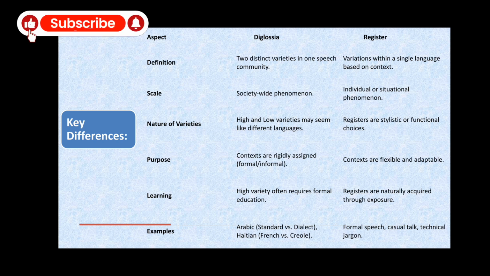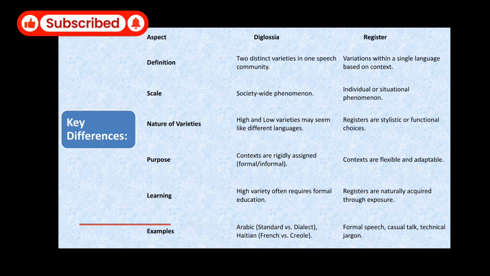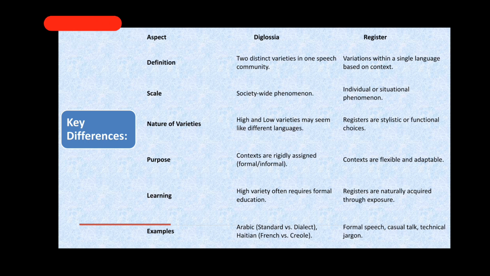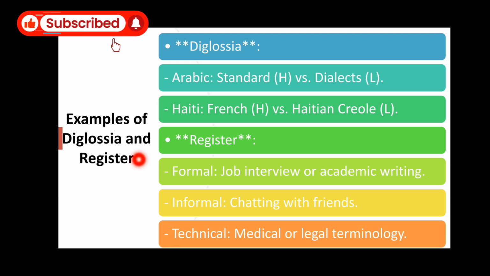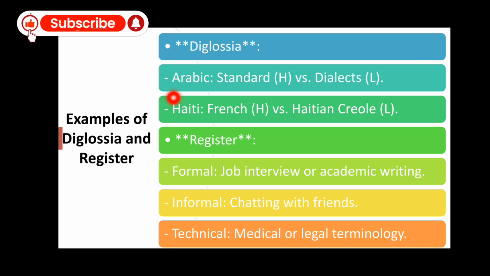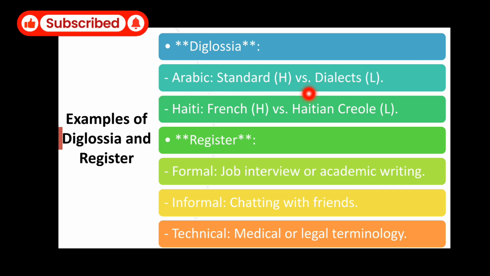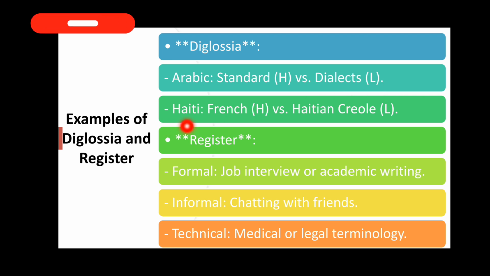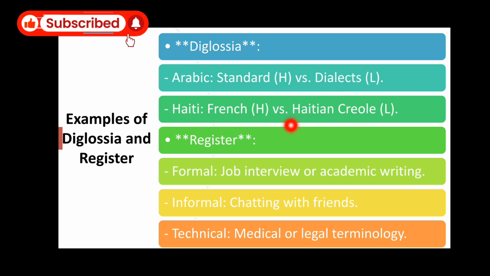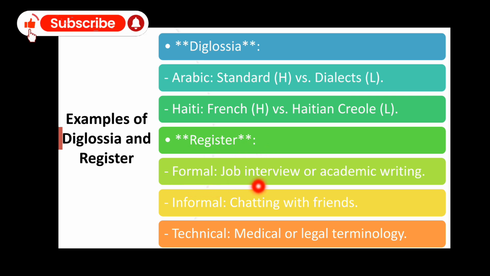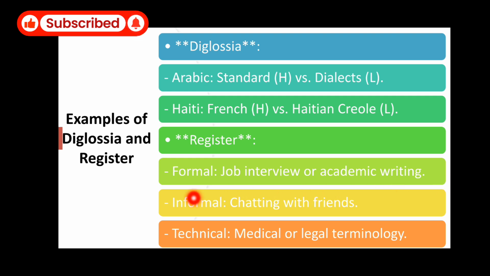And here we have formal speech, casual talk and technical jargon. Examples of diglossia and register. Diglossia: Arabic standard, high variety, versus dialect, low variety. Haitian French, high variety, versus Haitian Creole, low variety. Register: formal job interview or academic writing, informal chatting with friends, and technical, medical or legal terminology are used in register.